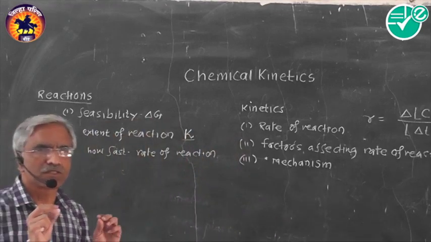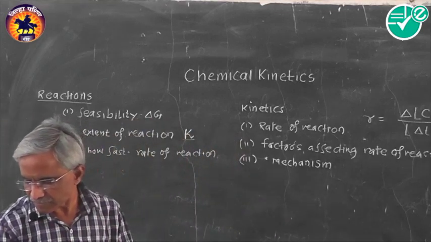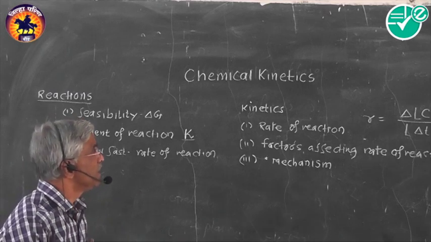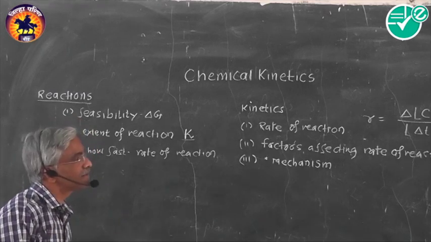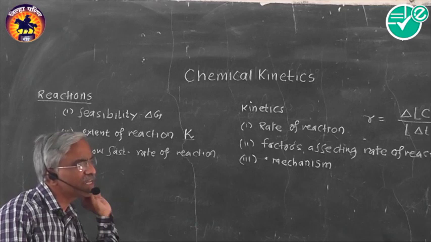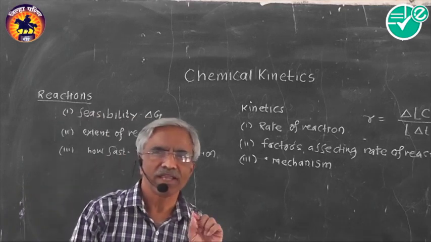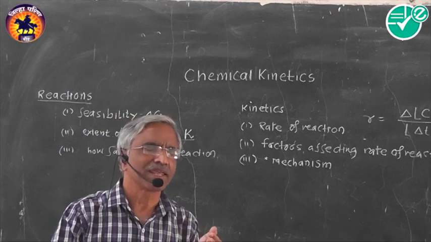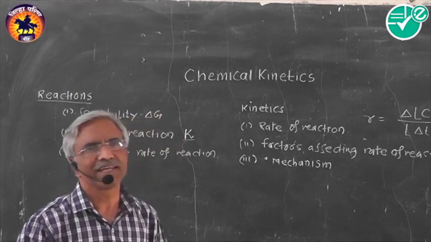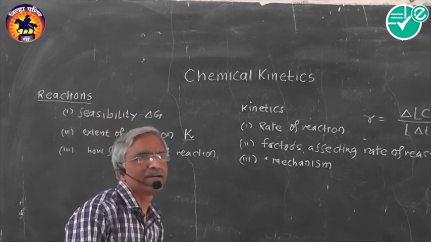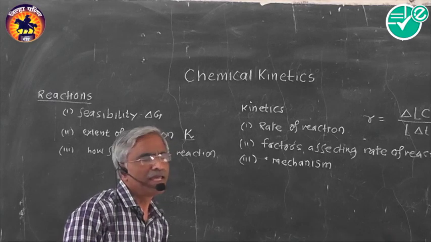Now, it is to be remembered that the concentration of one of the reactants or products is to be studied one at a time. For a simple example, say we are burning magnesium.